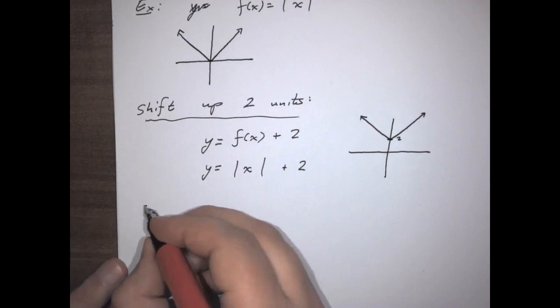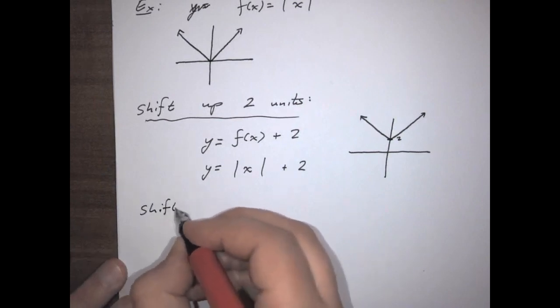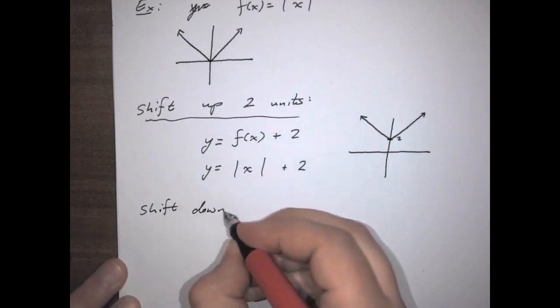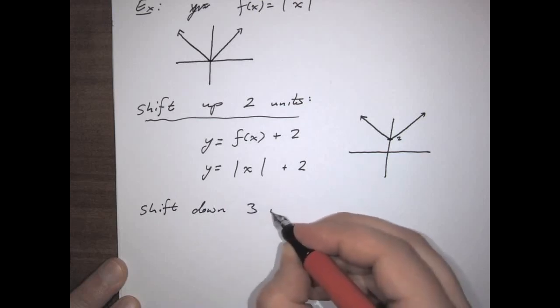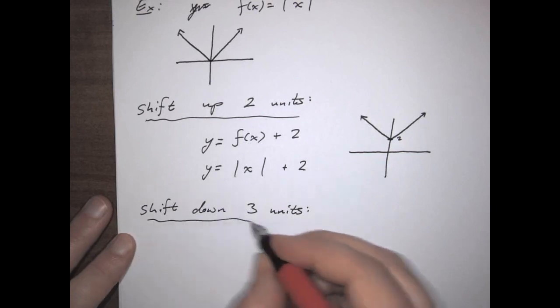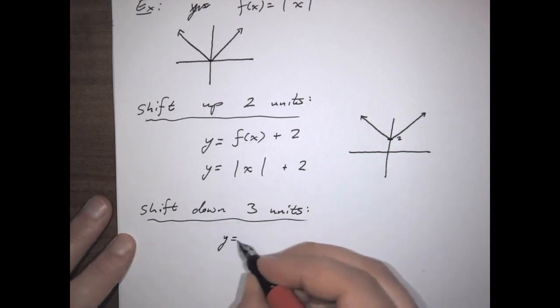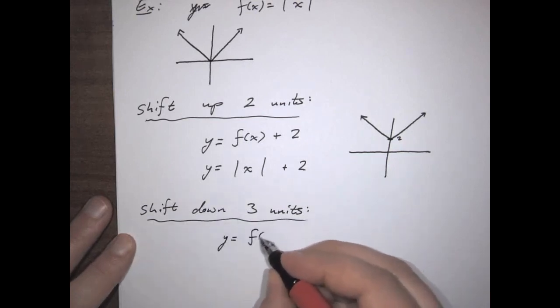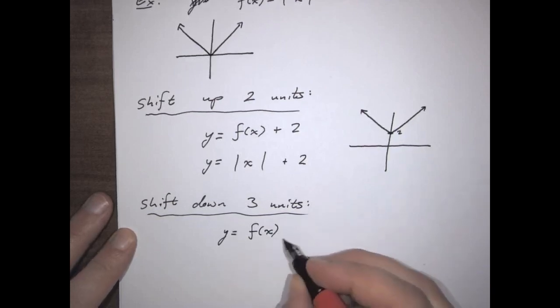Now, if we instead wanted to do something like shift down 3 units, then what we'd have is y equals f of x minus 3.